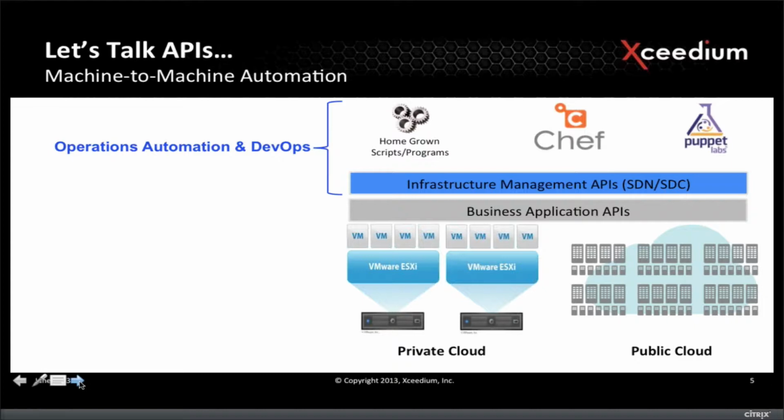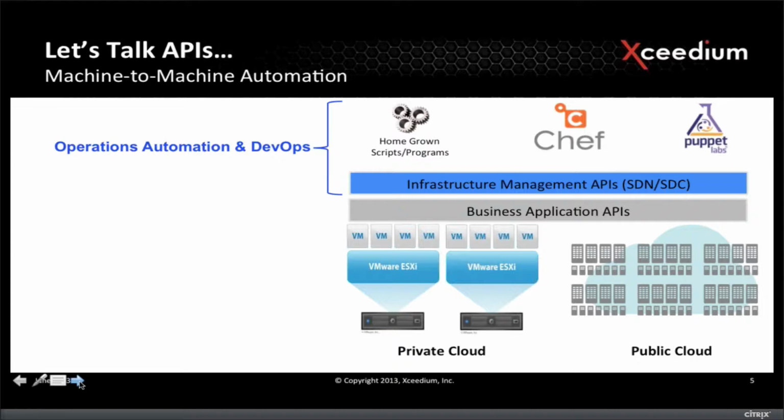There's a couple of different patterns that we're seeing here. Certainly, a homegrown set of scripts or programs is one pattern. Some of the very large organizations that are making heavy use of the cloud have really gone down that path in a big way, and are developing their own programs, talking with these infrastructure management APIs to interrogate the environment, find out is it performing as it needs to be, do they need to spin up new servers, et cetera, and then actually making some of that happen all in a very automated way.